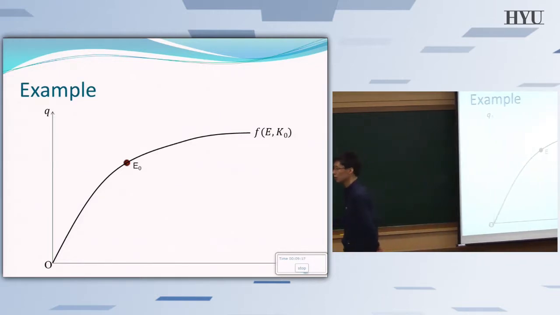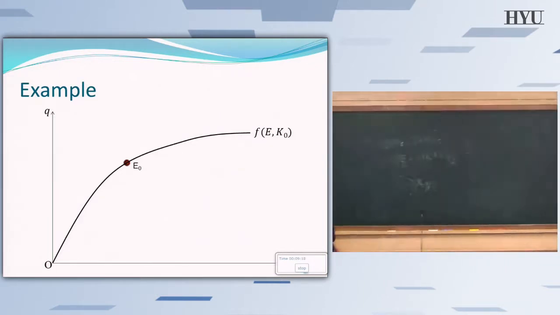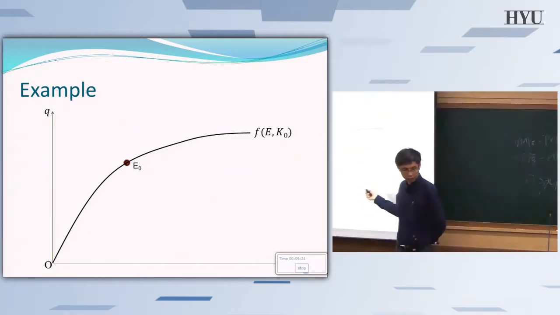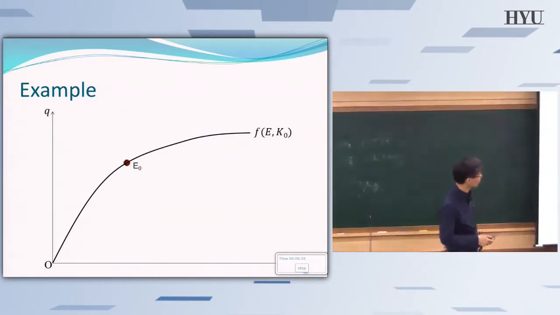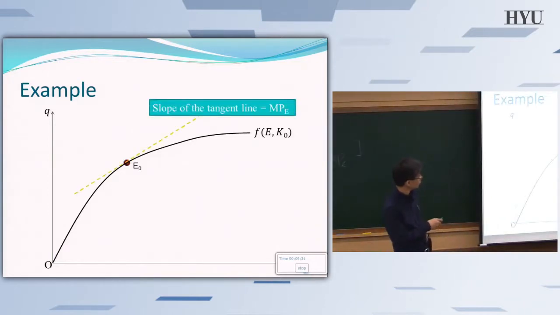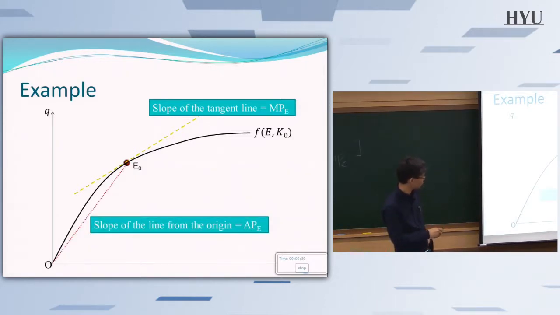The slope at each point is the marginal product of labor, so that slope should be diminishing because the marginal product of labor is decreasing. At E0, this slope is the marginal product of labor, for example. And the slope from the origin to E0 is the average product of labor.